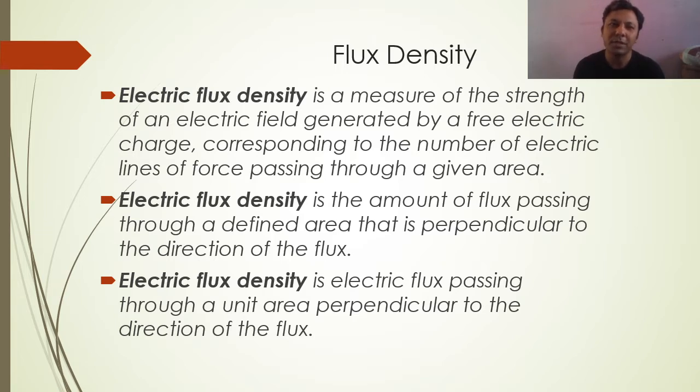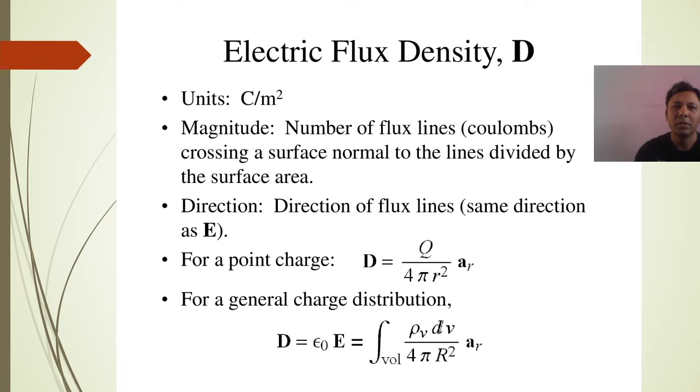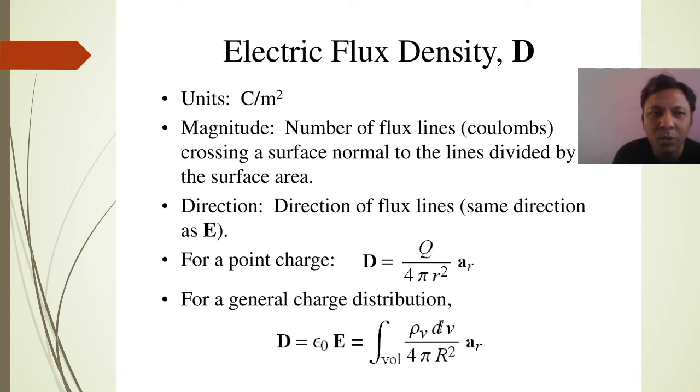So if we take a mathematical expression, here it is. The unit of flux density is coulomb per meter square, and D is your flux density.